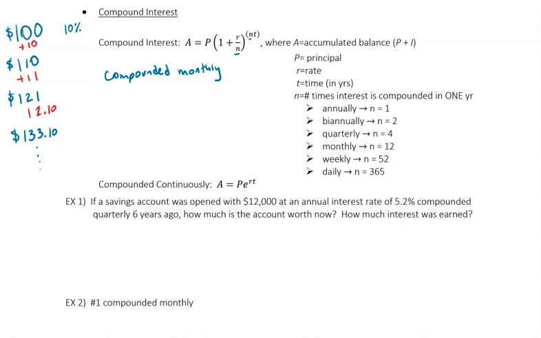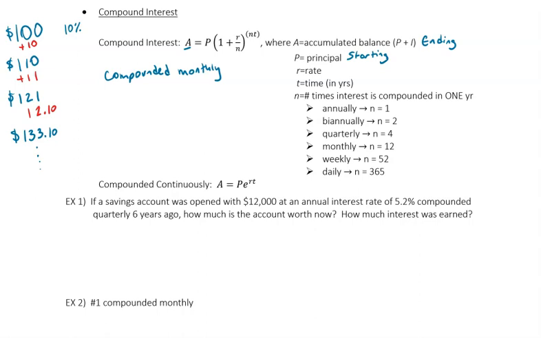All right, so for this, we're going to have A, which is your accumulated balance, which basically just means it's your ending amount. So that's how much is going to be in the account at the very end of this time frame. You have P, which is your principal. That's your starting amount. That's how much is in the account at the beginning.